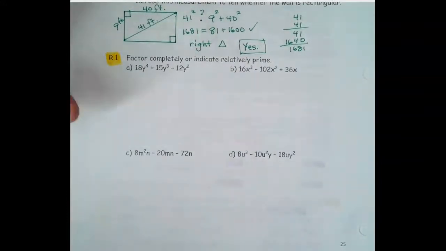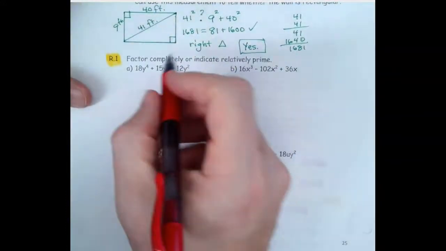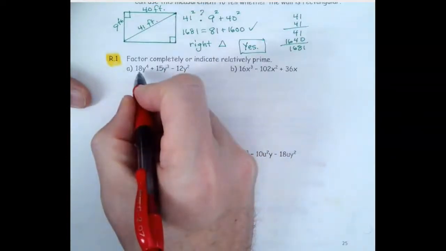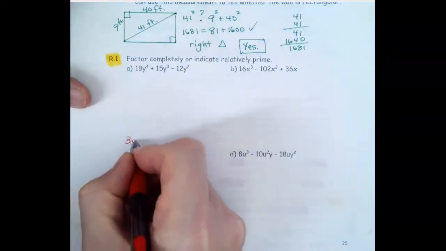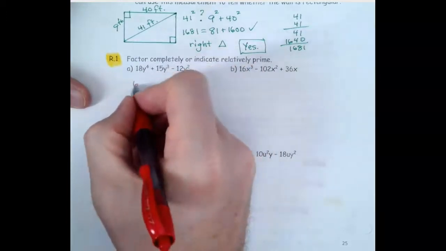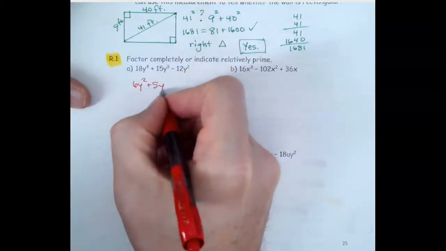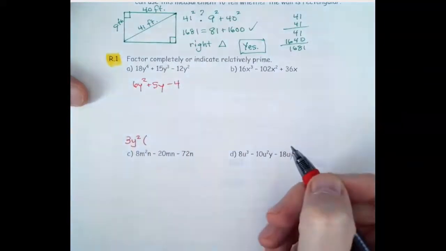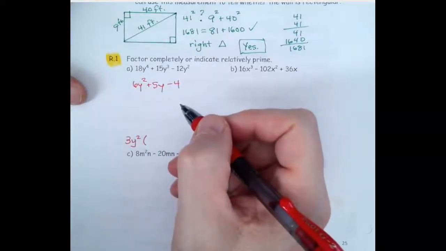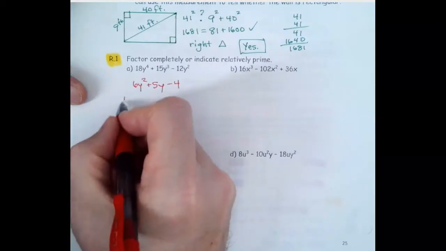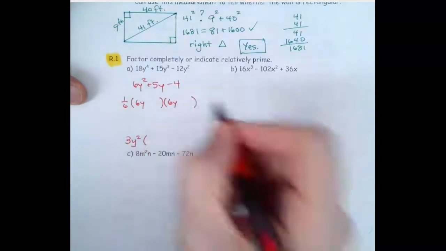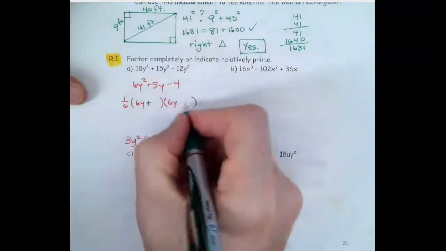Alright, so now, factor. So there's a GCF here, and that is 3y squared. So I like to put that down here, 3y squared. And then when you factor that out of there, that's going to be 6y squared plus 5y minus 4. Okay, and so then, now we just practiced some of these. We didn't have that first step in there, but if you recall, this is where we put 1/6, and then 6y, and 6y, and it's negative, so they're going to be opposite signs.